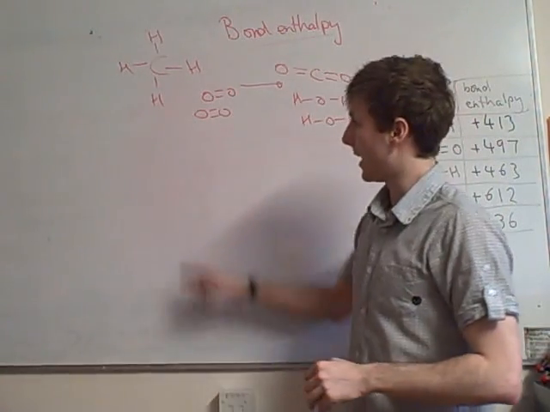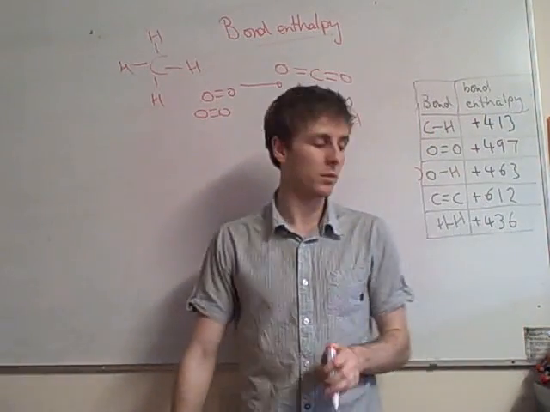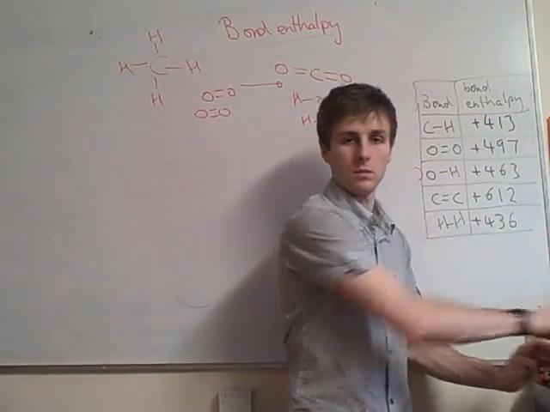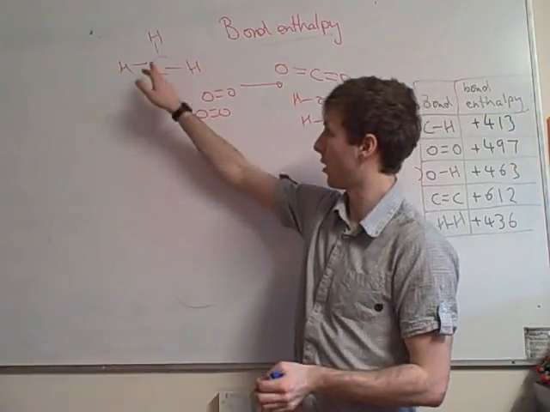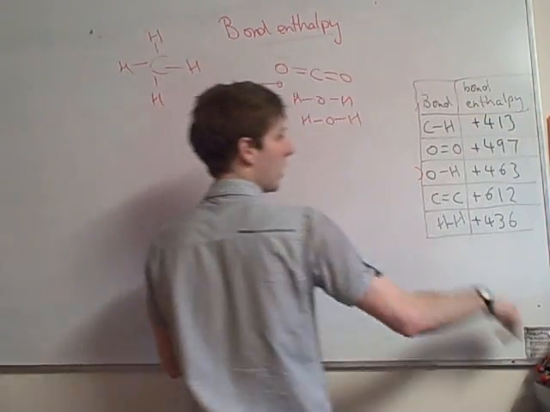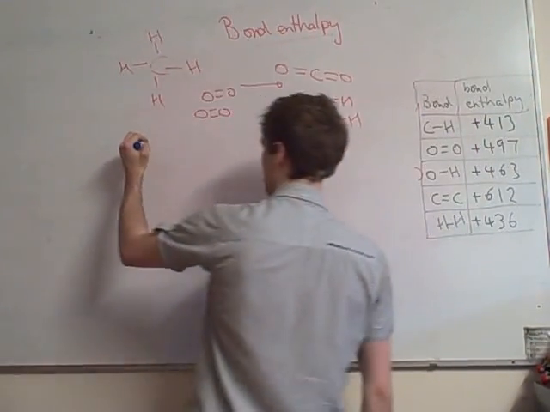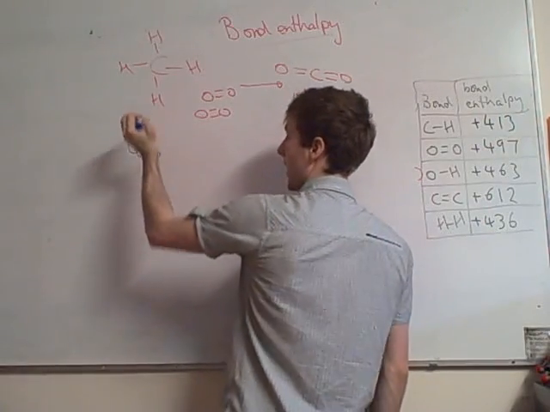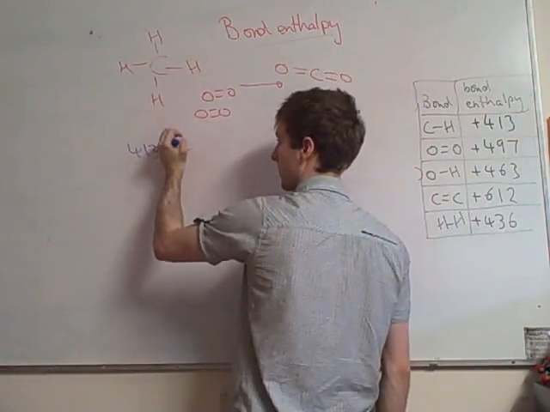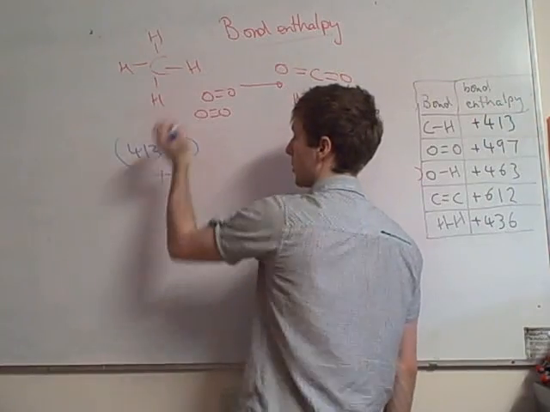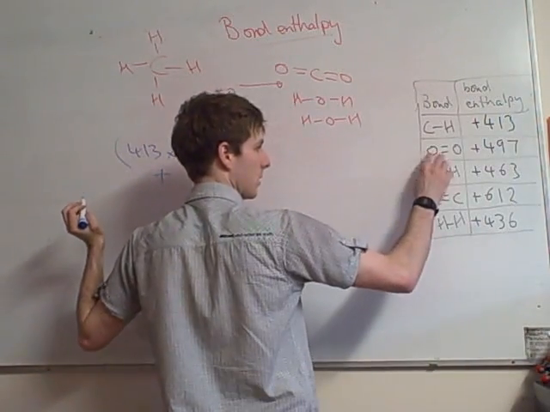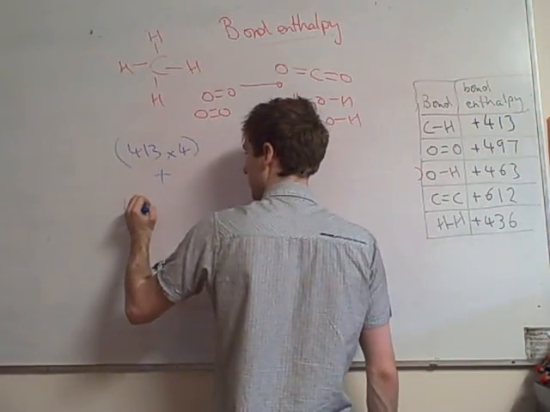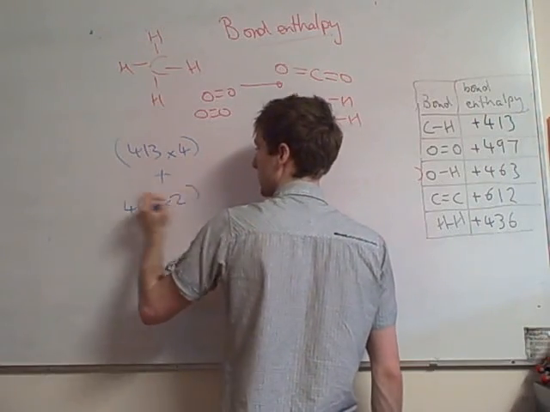So all I do is I add up all the different bond enthalpies in my reactants. So I've got a carbon H bond, which is 413, and I've got that 4 times. I've also got O2 bond, so 497, and I've got that 2 times.